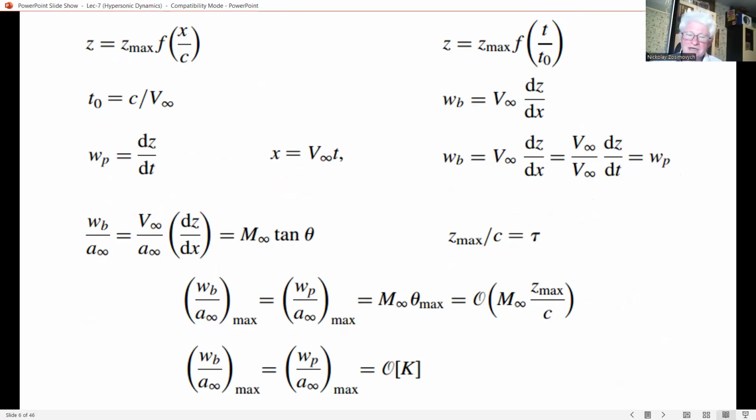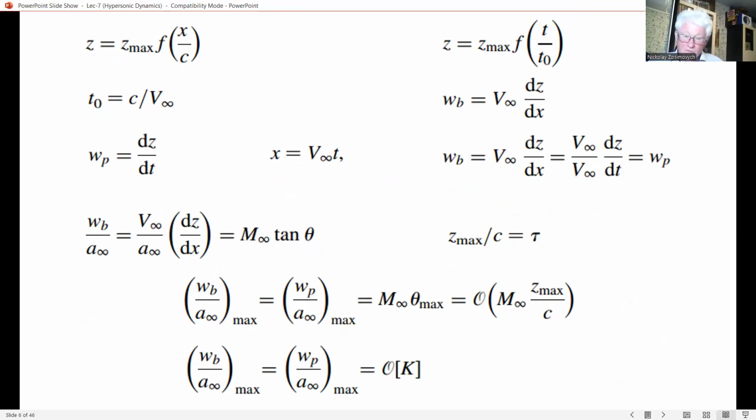If we divide this equation by the free stream speed of sound, a infinity, we get the next expression, which transforms to a very simple result, M infinity times the tangent of theta. Remember that theta is the local inclination angle of the surface.